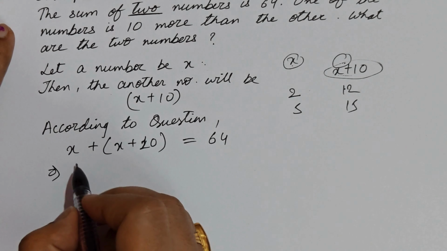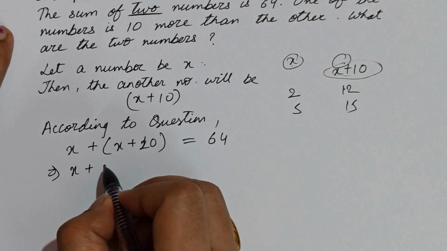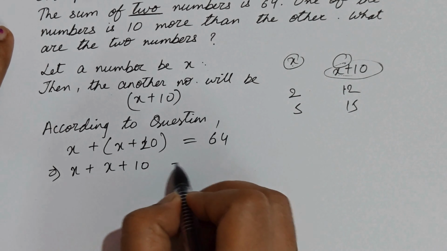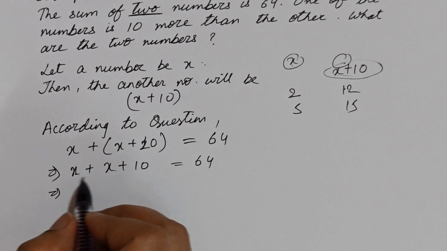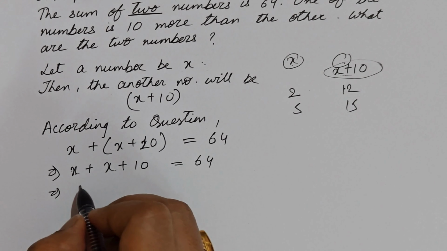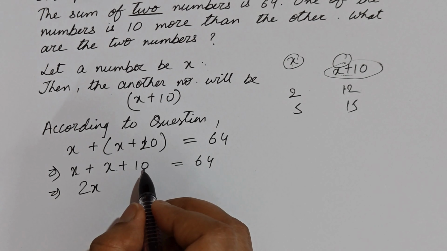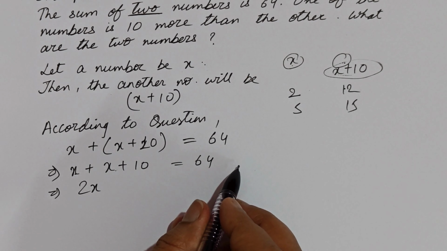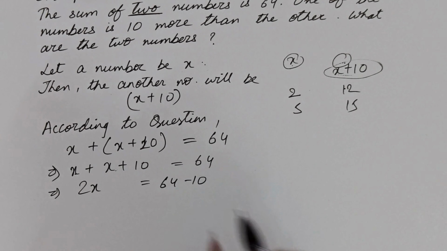So x plus, I will break this bracket and we can write x plus 10. Now x plus x, these are like terms, so we can solve. x plus x is 2x, and this 10 is a constant term. We can move this from left to right and subtract it. So it will be 64 minus 10.